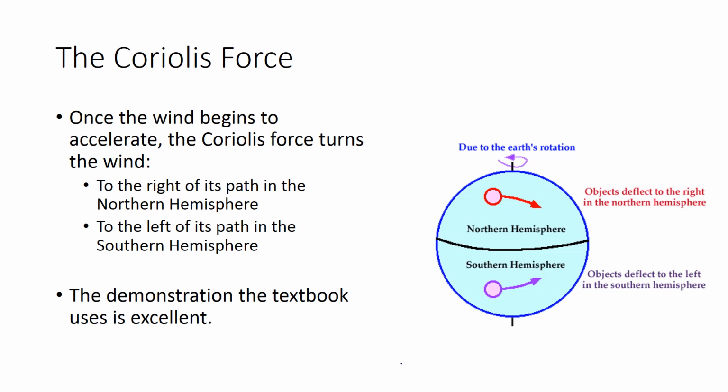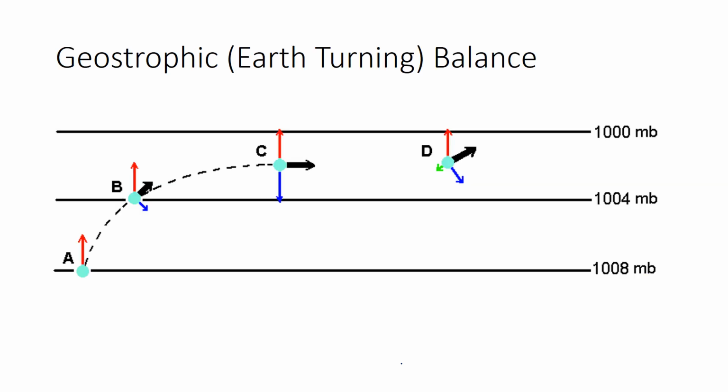As the wind is accelerating due to the pressure gradient force, the Coriolis force is also intensifying. Eventually, an interesting situation happens called geostrophic balance. Geostrophic means earth turning, and this is a balance between the pressure gradient force and the Coriolis force.